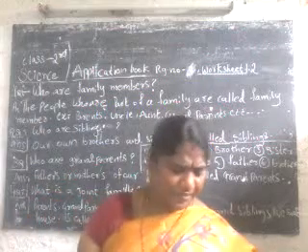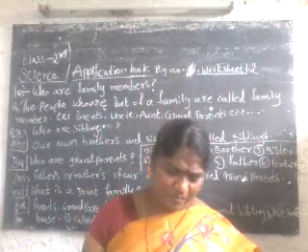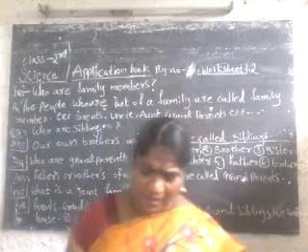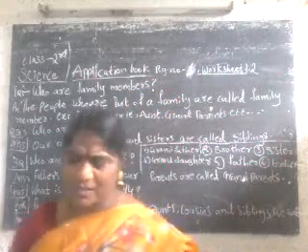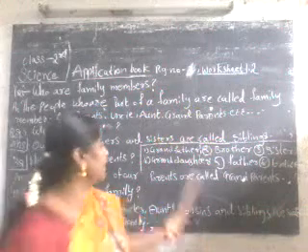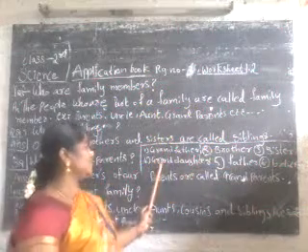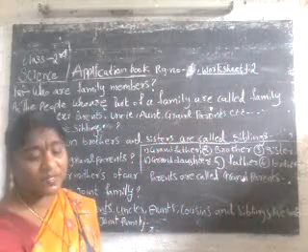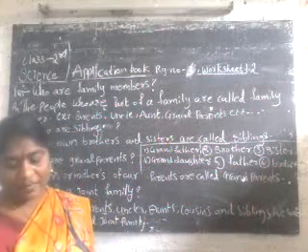Do you understand? Yes. Look here. First missing letter, grandfather, brother, sister, granddaughter, father and brother. There are 6 missing letters there.